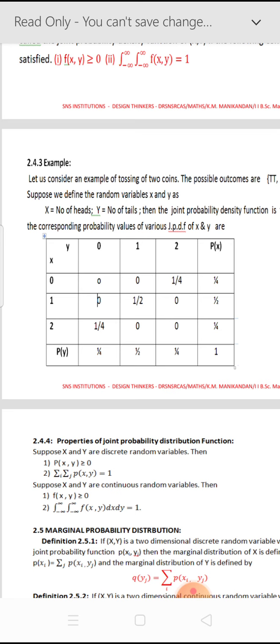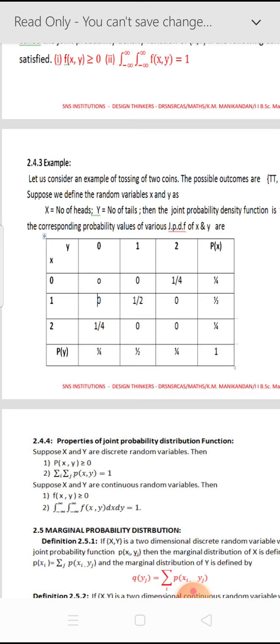Here the X values, the number of heads, are written along the vertical side and take the values 0, 1, 2, and the number of tails, Y, is represented along the first row as 0, 1, 2. We know that the probability of getting two tails is 1/2 times 1/2, that is 1/4, which is written in the first row and third column cell.